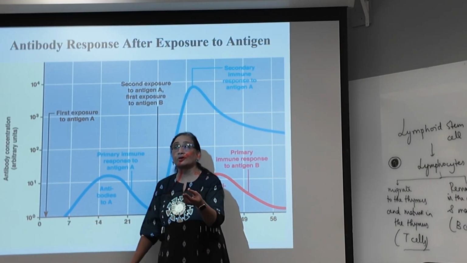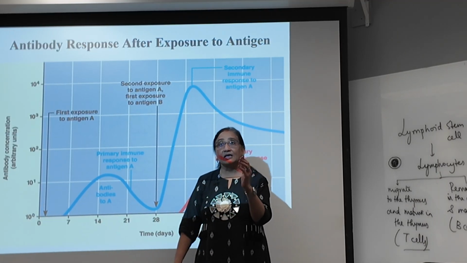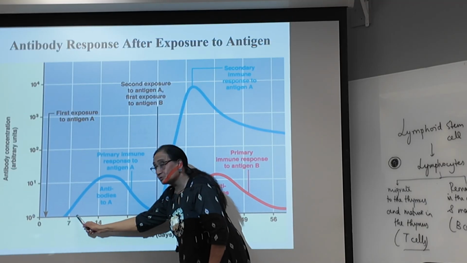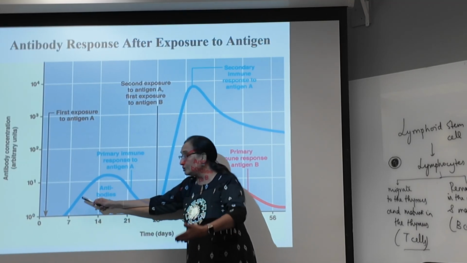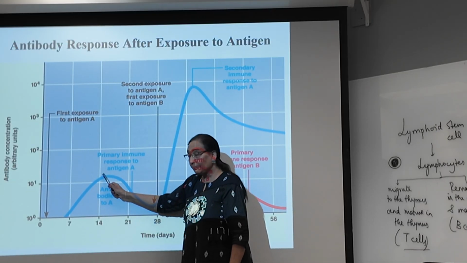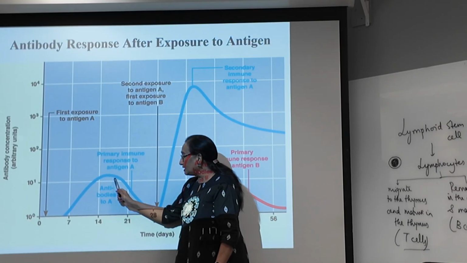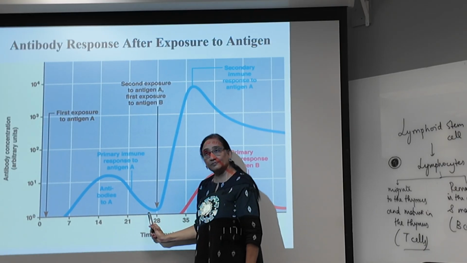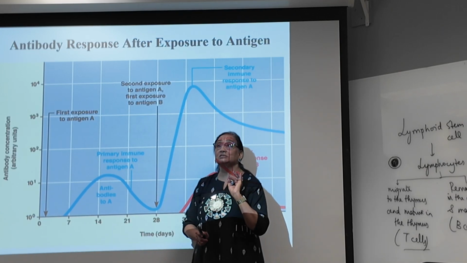You can detect antibodies in the blood only by about a week. Then as the days progress, the amount of antibodies being produced will start increasing. And once the infection is completely cleared, the antibody numbers will start decreasing. Once the child is cured, the antibody numbers in the blood will start decreasing.